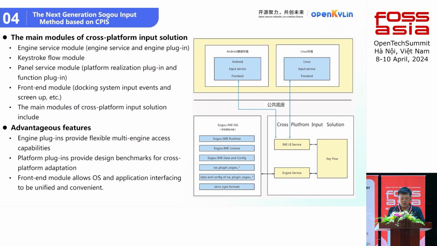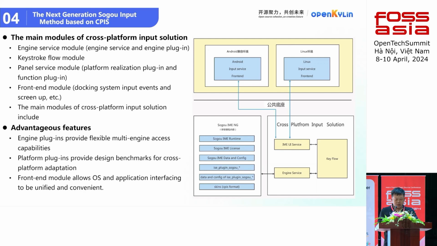Let's talk about the next generation of Sogou input method based on the cross-platform input system PIEs. This new version includes several important modules. The engine service module ensures our input method is fast and reliable. The keystroke flow module captures your typing efficiently.